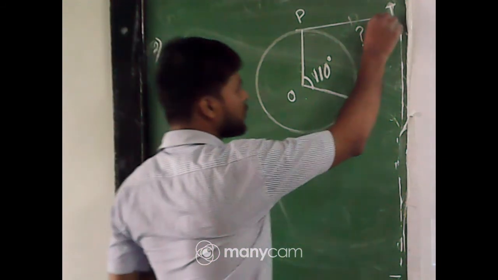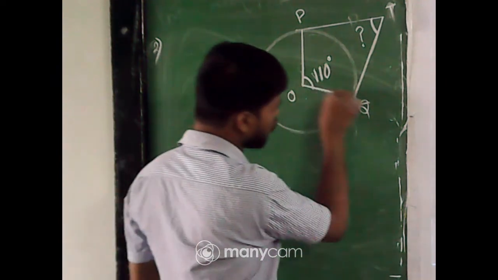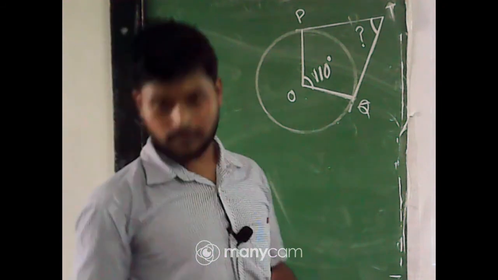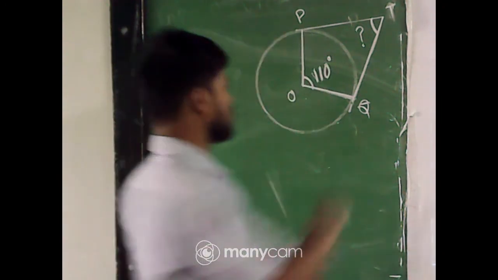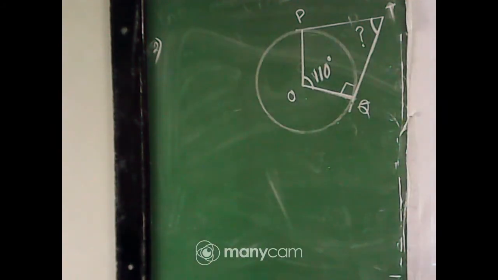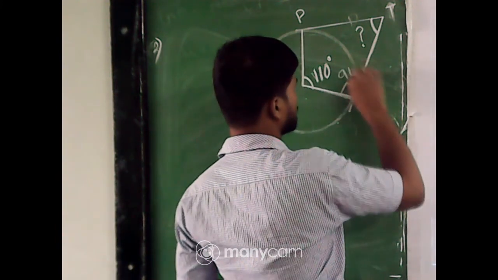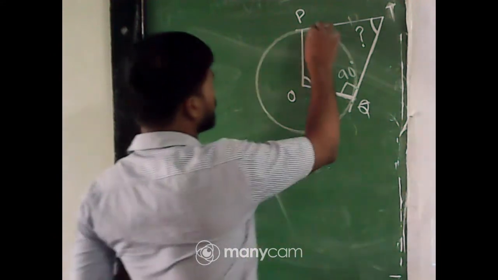TQ is the tangent, and OQ is the radius through the tangent. So we know a theorem that the tangent and the radius through the point of contact are perpendicular to each other. So this angle must be 90 degree. Similarly, the angle P will be 90 degree.